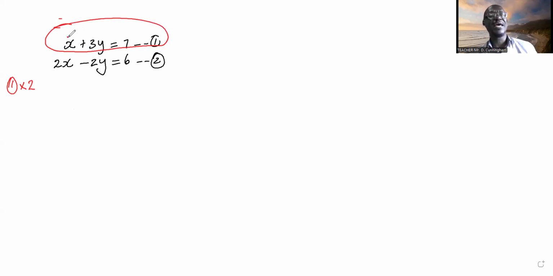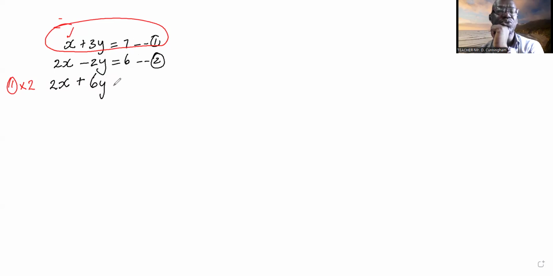So 2 by x, Deshaun, 2x. 3y by 2, Deshaun, continue. 6y.